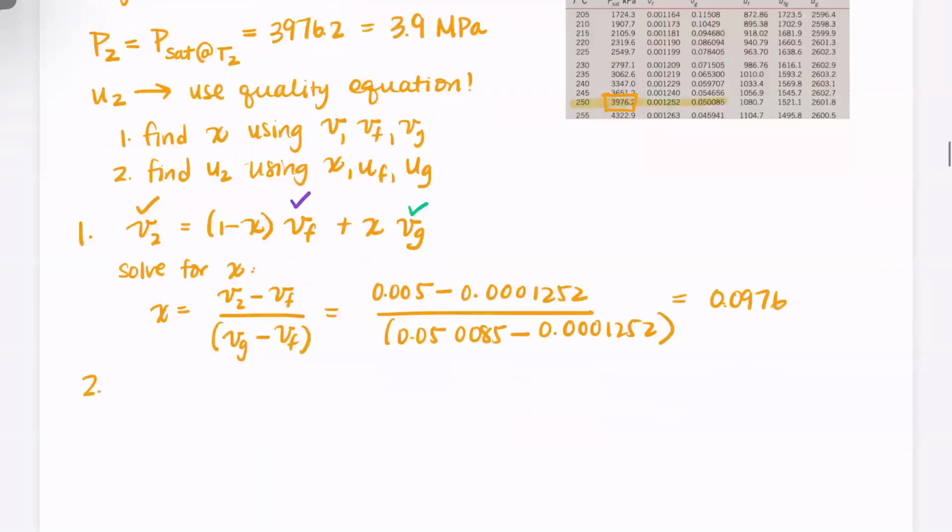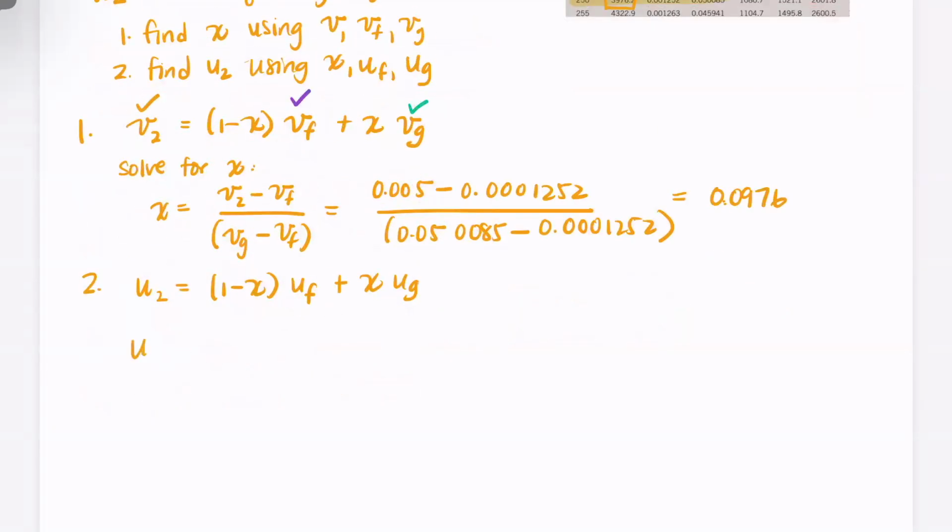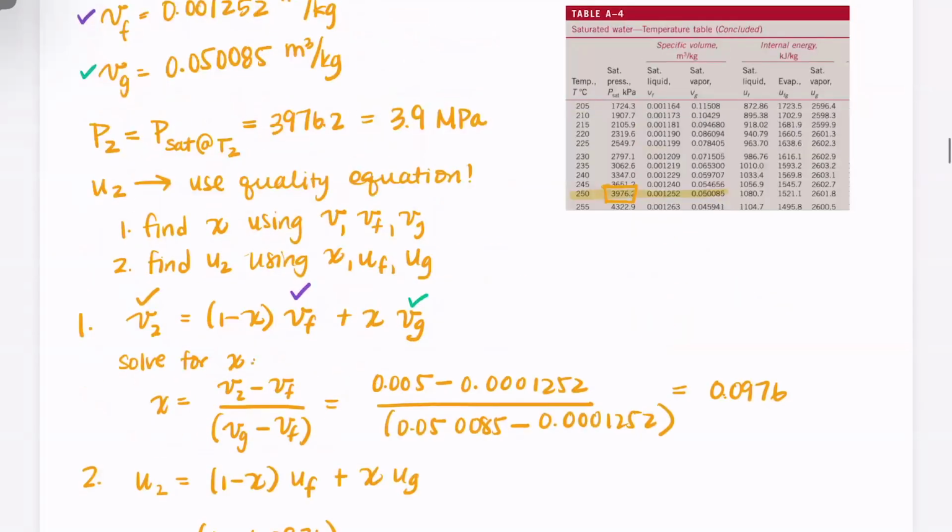So now we're going to use the equation that U2 is equal to (1 minus X) UF plus X times UG. I have everything on the right-hand side of this equation already. So I have 1 minus X, which we just found is 0.0976, times UF, which is in the table.